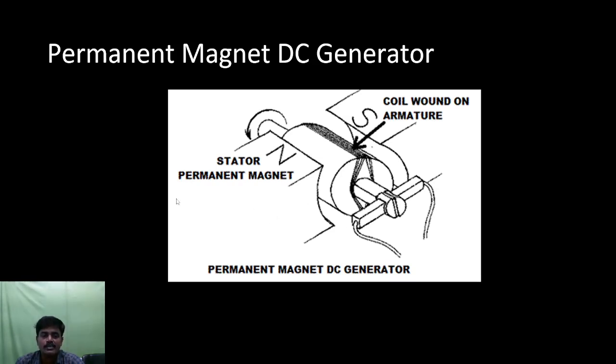Here, instead of the field coil, we are using a permanent magnet, and the armature is as usual. By means of the carbon brush, we give the supply to the armature coil. In that way it rotates and gives the desired DC supply. So this is one method of excitation, the permanent magnet excited DC generator.